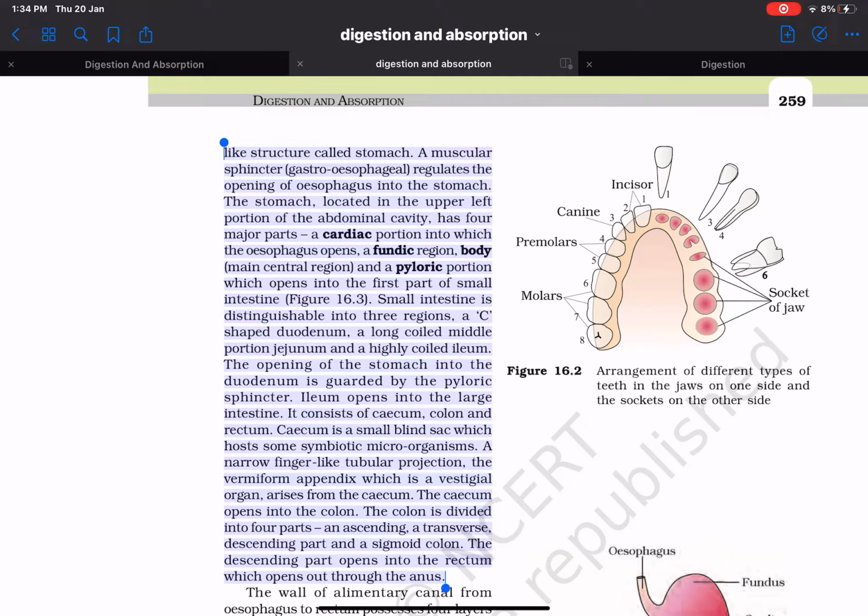A narrow finger-like tubular projection, the vermiform appendix, which is a vestigial organ, arises from the cecum. The cecum opens into the colon. The colon is divided into 4 parts: an ascending, a transverse, a descending part and a sigmoid colon. The descending part opens into the rectum which opens out through the anus.